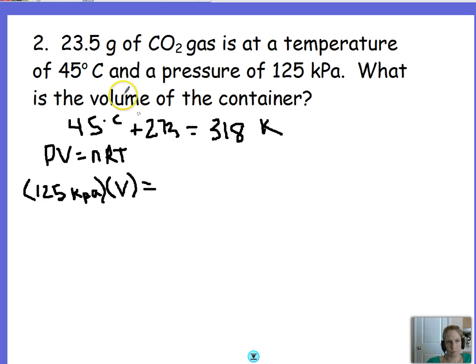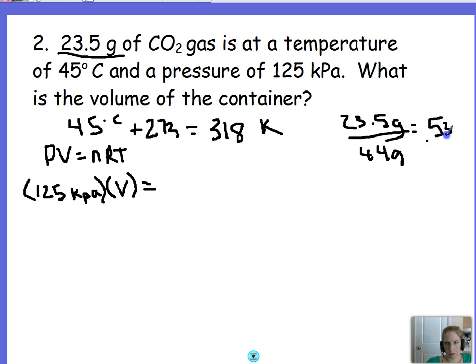Now, moles. We're given grams. What can we do to get to moles? We are actually going to divide by the molar mass, because that will give us moles. So, molar mass of carbon dioxide is 44 grams, and that's going to give us 0.534 moles.